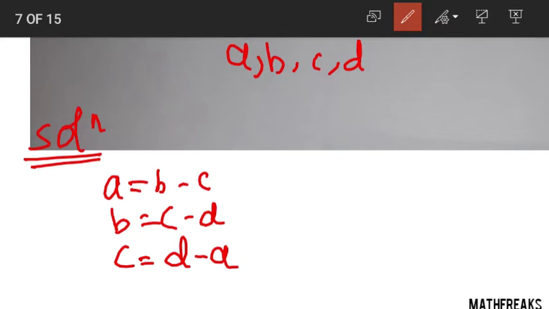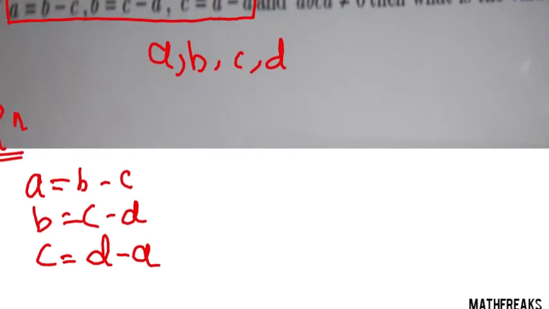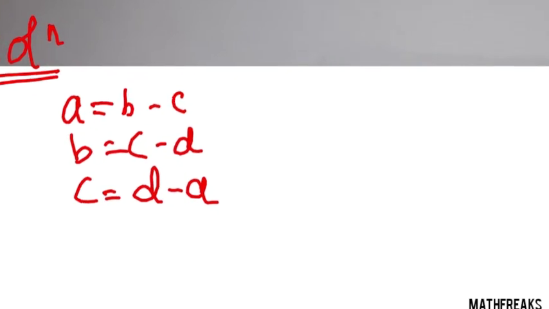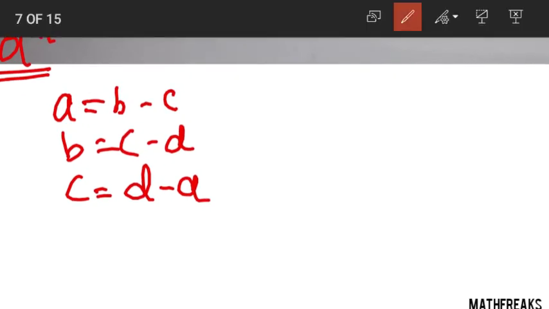Now the expression that has been given to us is a upon b. So let us first try to find the relation between a and b. Okay, so I see b is equal to c minus d.